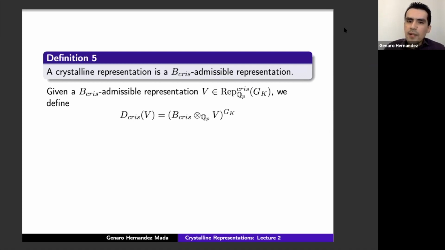So for a crystalline representation, I just take the G_K invariants of this tensor product. So it's just the analogous definition.